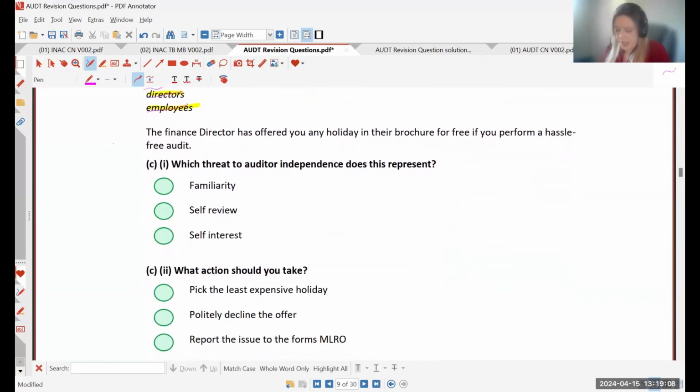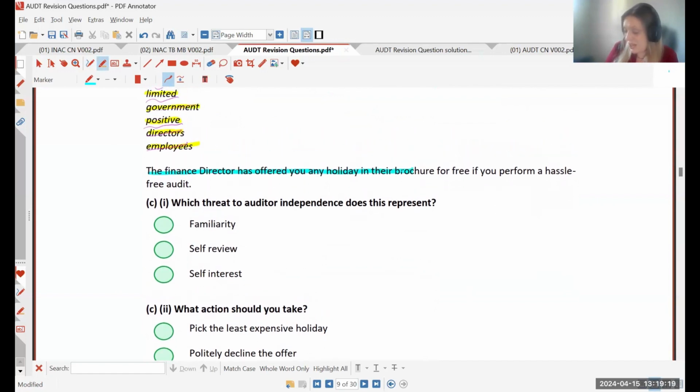Okay. And next we have the finance director has offered you any holiday in their brochure. Remember, this is a travel agent. So any holiday in their brochure for free if you perform a hassle-free audit. That's a nice offer, isn't it? So which threat to auditor independence does this represent?